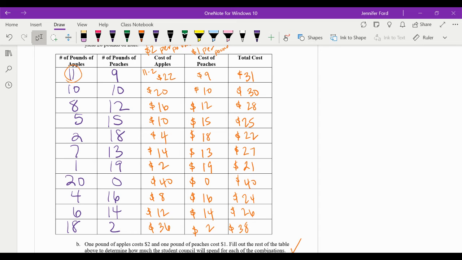The way we set up our table, every combination is the right number of pounds of fruit. So all we need to do is find the right one that has the right total cost. If you look here, $28. That has 20 pounds of fruit because 8 pounds of apples and 12 pounds of peaches is 20 pounds of fruit, and it costs the right amount.